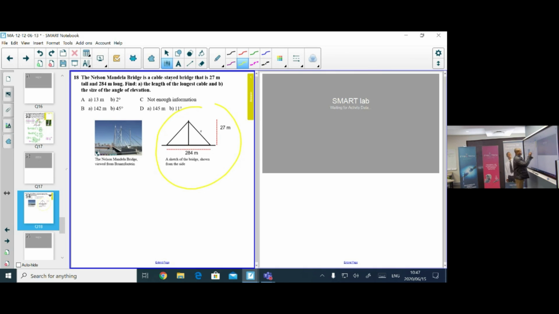So I'm sure that you'll be able to divide this by 2 to get just a triangle. This is 90 degrees. You are looking for X, okay? And you know that this is 27 meters. So use your different information that you have. For example, you might use Pythagoras or the trig function to get your X.